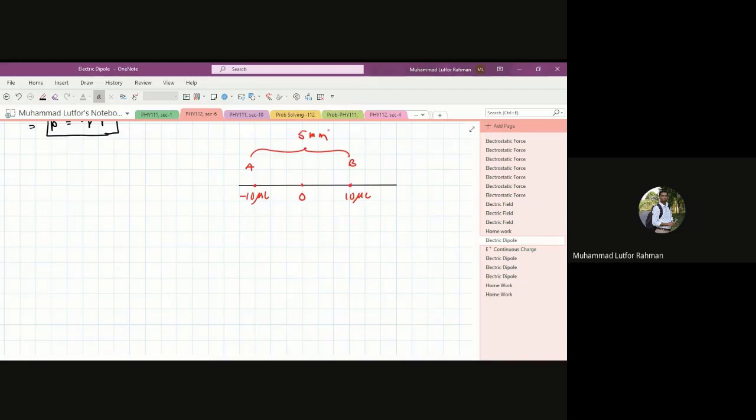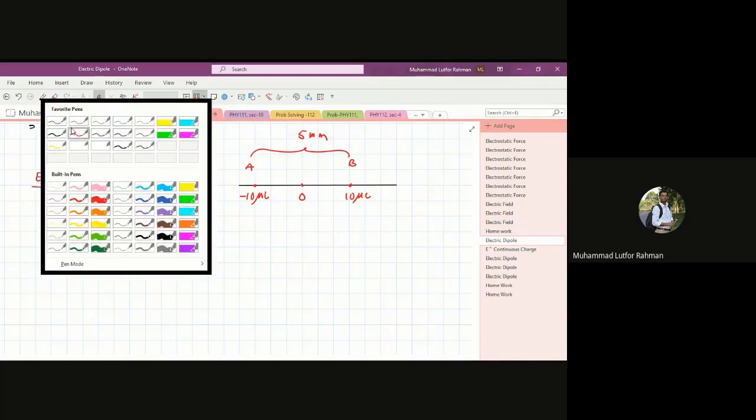Then I'm going to find out the dipole moment at origin O. I'll find out the electric dipole moment with respect to point O, A, and B. Electric dipole moment at origin O.